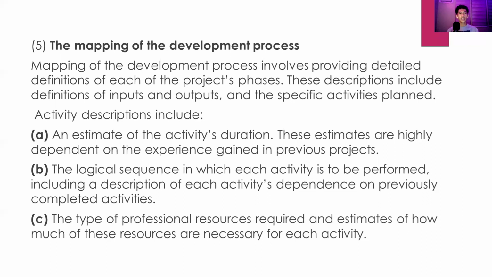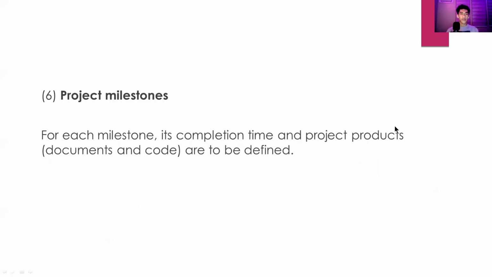B, the logical sequence in which each activity is to be performed, including a description of each activity's dependence on previously completed activities. C, the type of professional resources required and estimates of how much of these resources are necessary for each activity. Sixth is the project milestone.